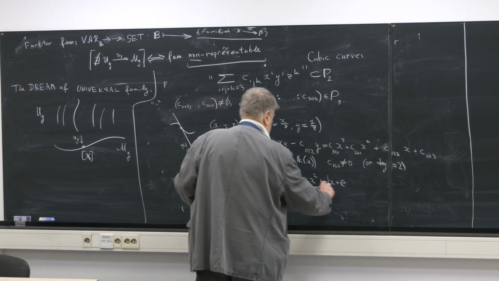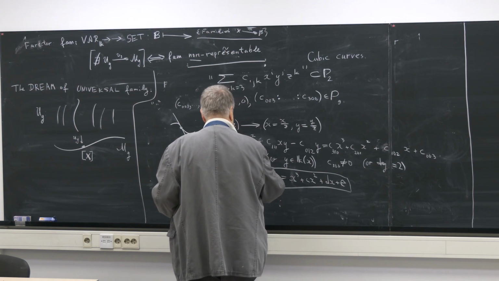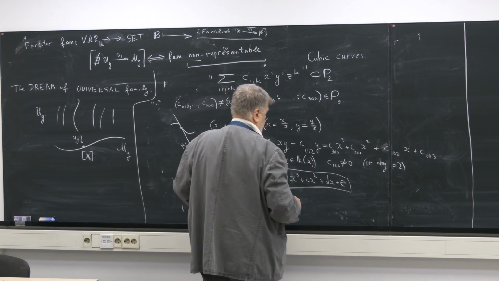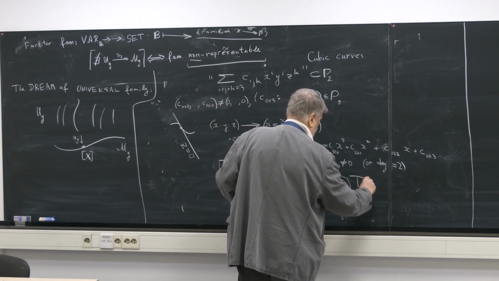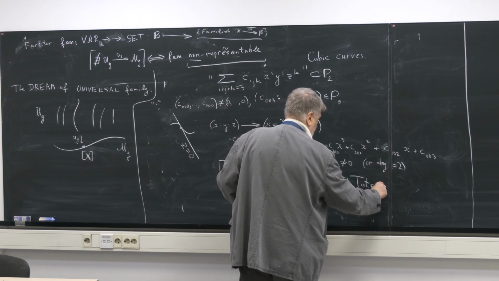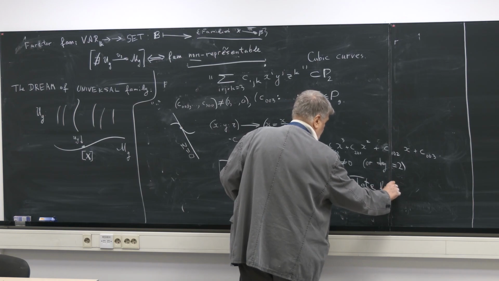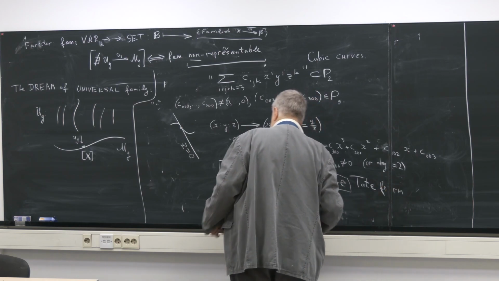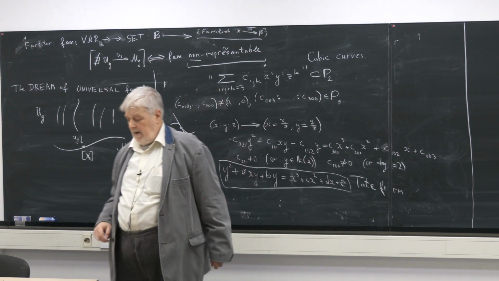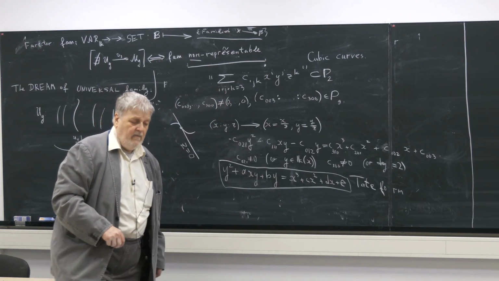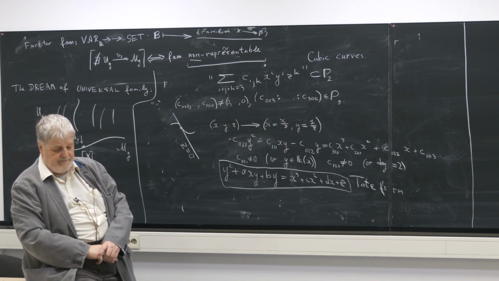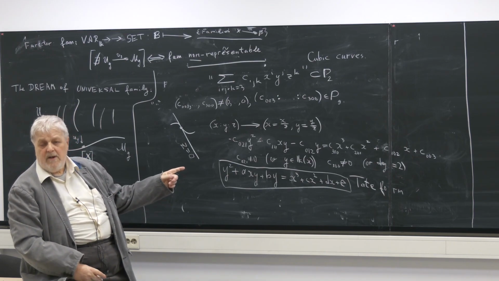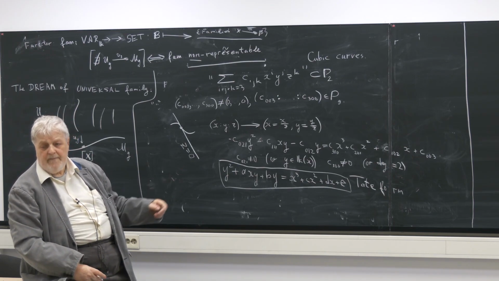And for some time we have to stop here, and call it the Tate form of cubic curve. In characteristic 2 and 3, we cannot simplify this form in a universal way.